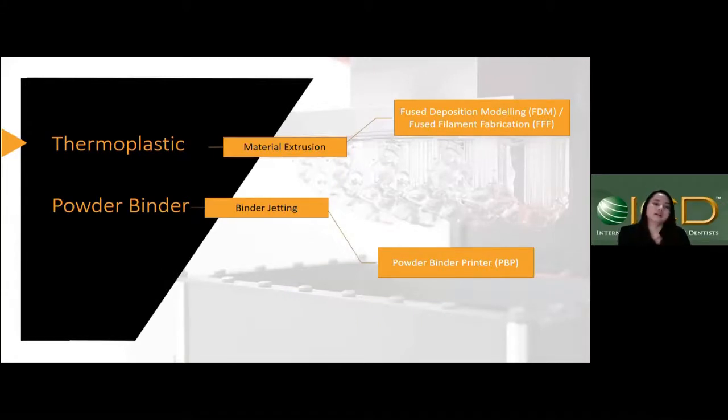Another material that we can use for 3D printing is thermoplastic, which uses material extrusion, and we call it fused deposition modeling, FDM, or fused filament fabrication technique. And there's also another material, if it's made of powder, we use powder binder, like binder jetting.